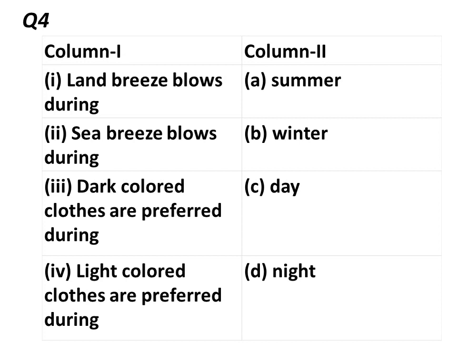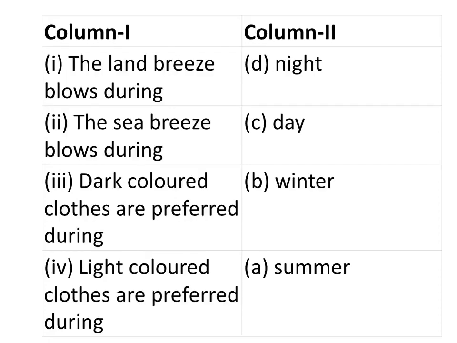And in column 2 it is written summer, winter, day, night. So the answer is: the land breeze blows during night, the sea breeze blows during day, dark colored clothes are preferred during winter, and light colored clothes are preferred during summer. This is the answer of question number 4.